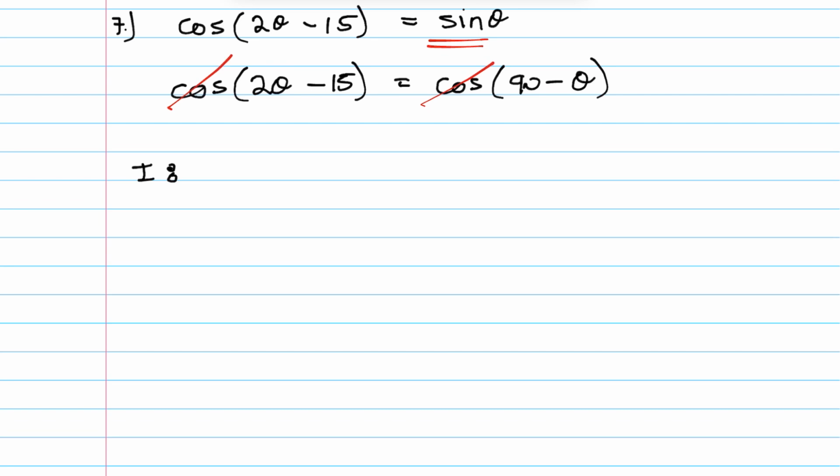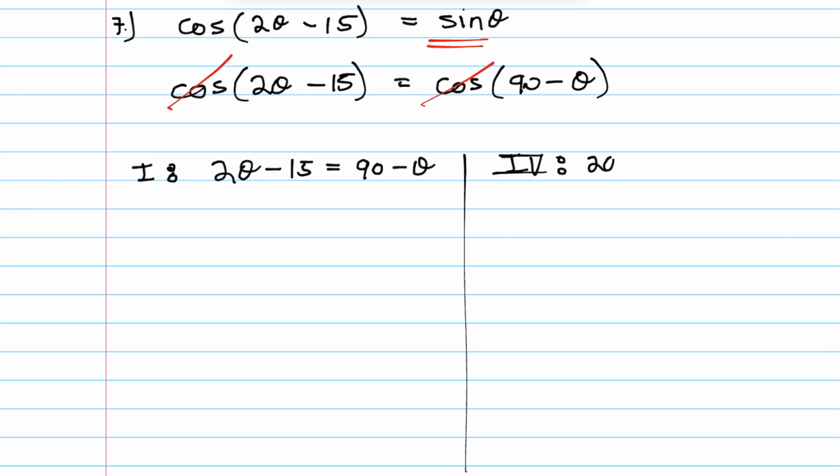Cos is positive in the first quadrant, where your angle is equal to the reference angle. And it's also positive in the fourth quadrant, where your angle is equal to 360 minus your reference angle. Again, limited space here, but I'll try and squeeze it in.